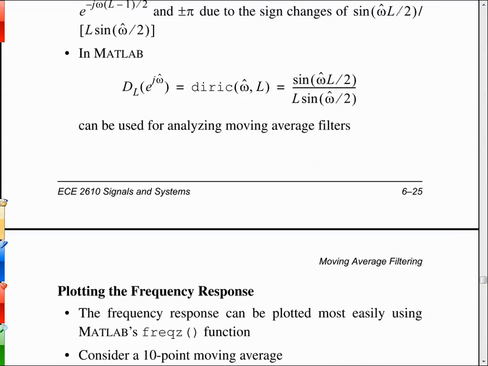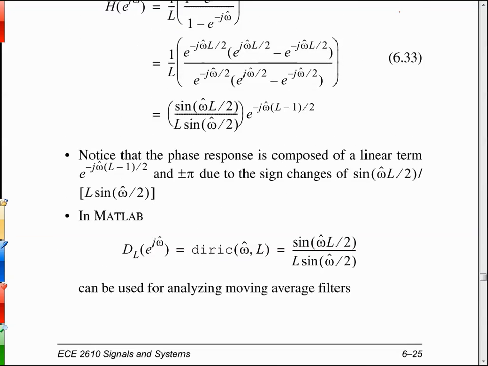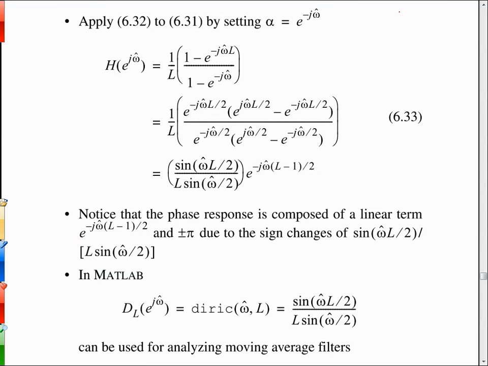Remember, we were going through this model right here and using the finite geometric series to finally get things worked down into this form here and here. So there's basically two pieces that go along with the moving average filters.